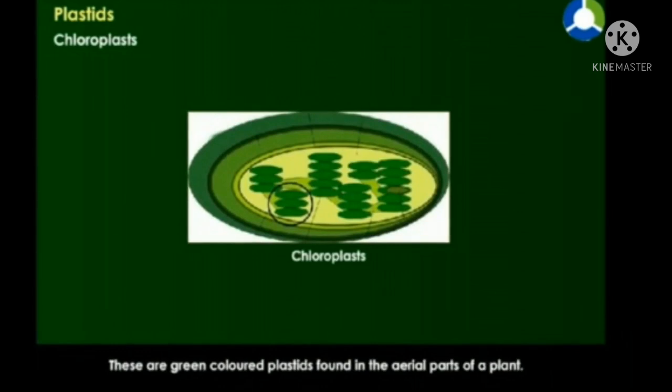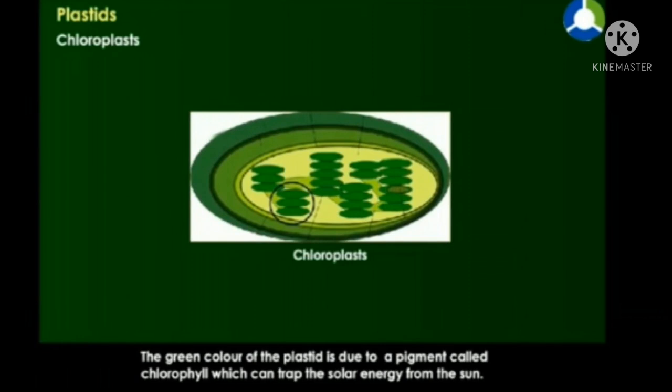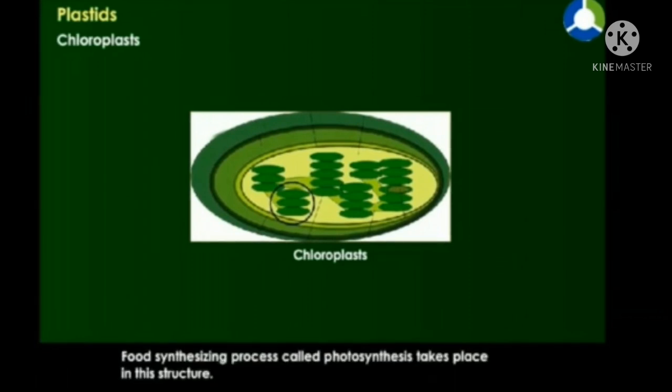These are green colored plastids found in the aerial parts of a plant. The green color is due to a pigment called chlorophyll, which can trap solar energy from the sun. The food synthesizing process called photosynthesis takes place in this structure.